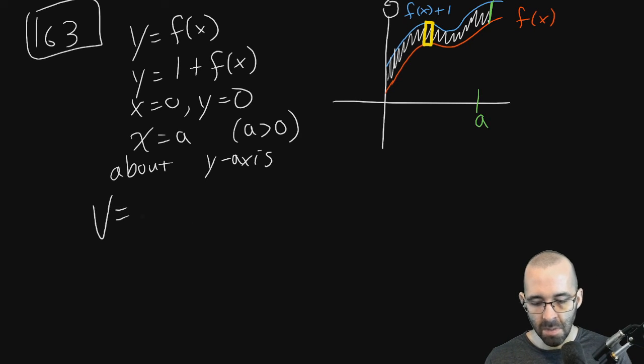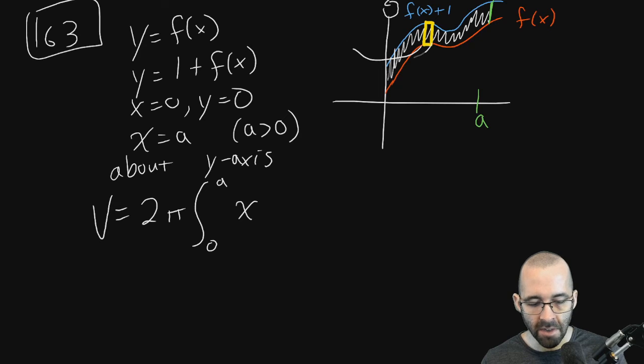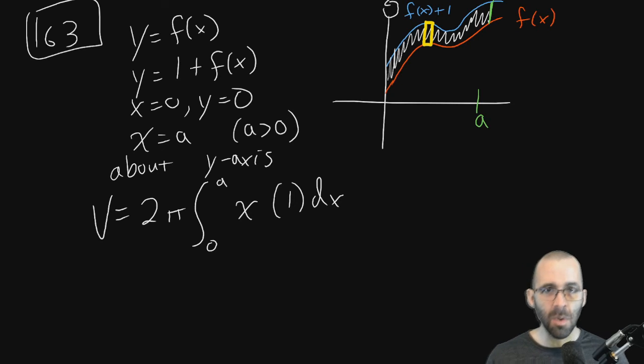So the volume is going to be 2 pi, x is going from 0 up to a of, well, we have a radius of x, so the circumference of that shell will be 2 pi x, times the height of this rectangle, which is just blue minus red. The height's 1. Blue minus red is just 1.